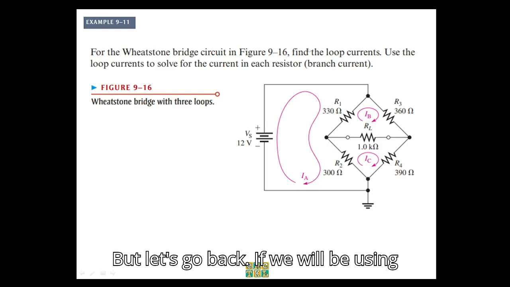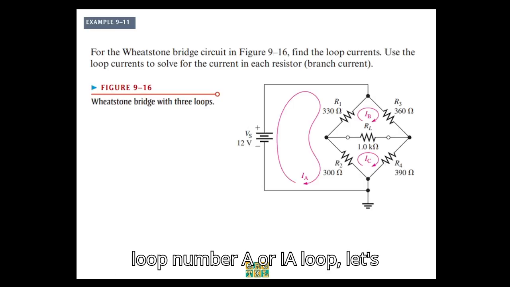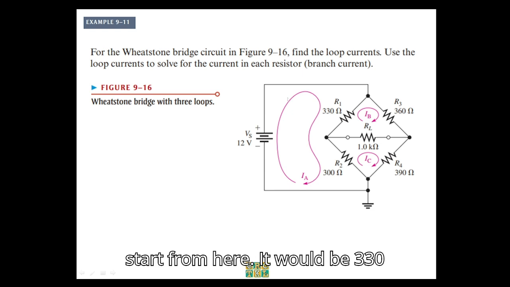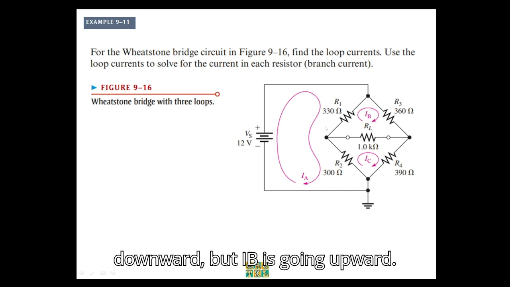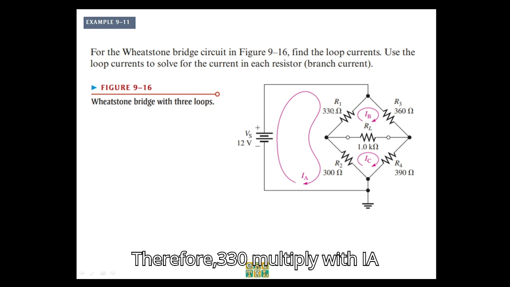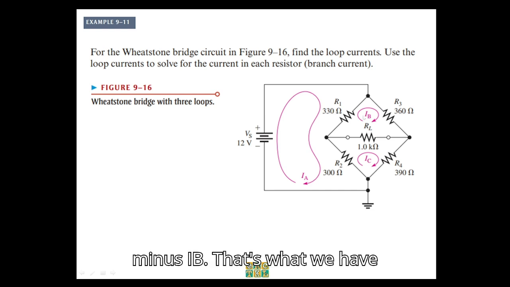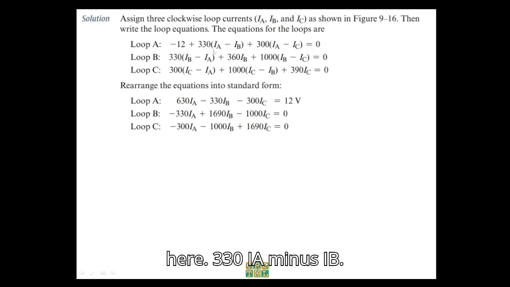But let's go back. If we will be using loop A, or the IA loop, let's start from here. It would be 330 multiplied with the current IA going downward, but IB is going upward. Therefore, 330 multiplied with IA minus IB. That's what we have here: 330 IA minus IB.